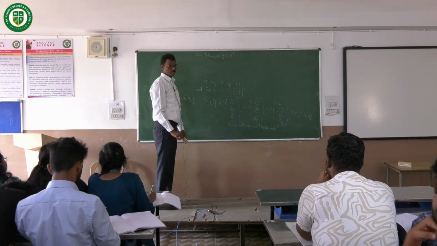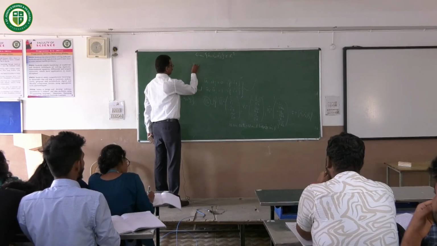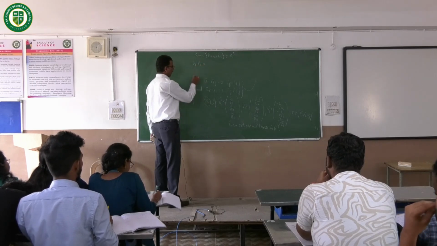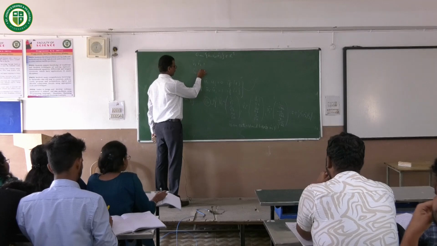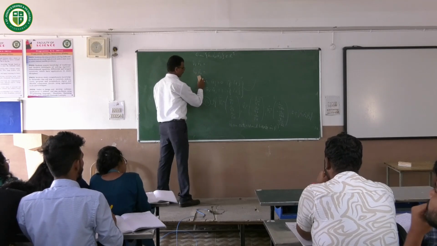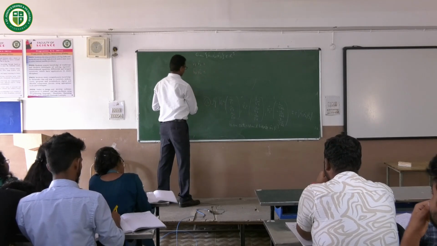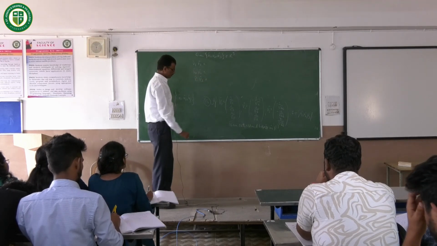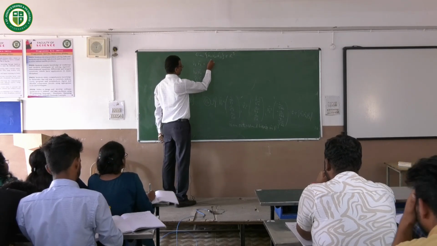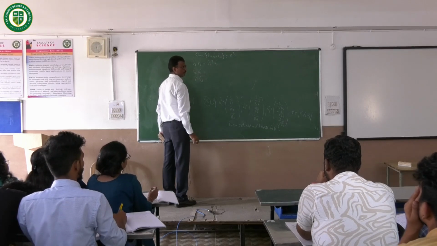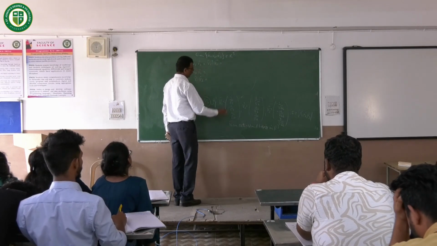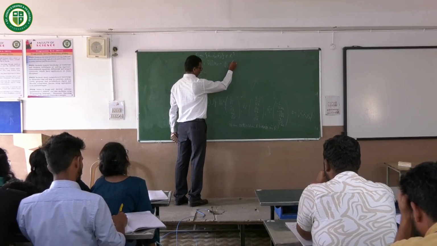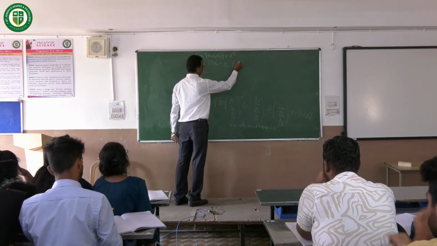In these vectors you have these possibilities: v1 bar into v2 bar, v2 bar into v3 bar, v3 bar into v1 bar, and v1 bar into v3 bar. Now you have to check v1 bar transpose into v2 bar to find these values. Now the transpose means 3 by root 11, 1 by root 11 and 1 by root 11.